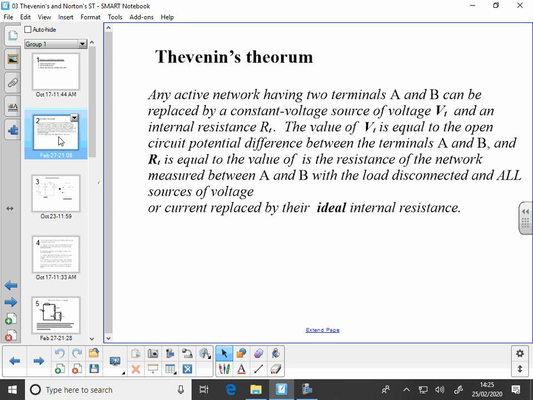The value of Vt is equal to the open circuit potential difference between the terminals A and B, and Rt is equal to the value of the resistance of the network measured between A and B with the loads disconnected and all sources of voltage and current replaced by their ideal internal resistance.